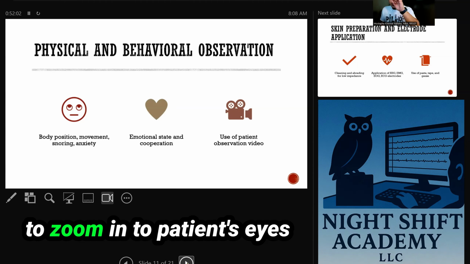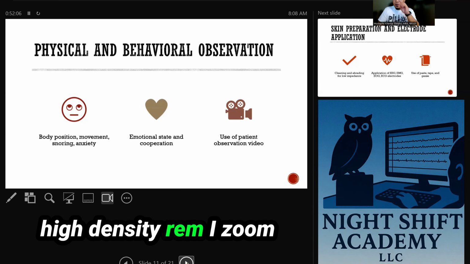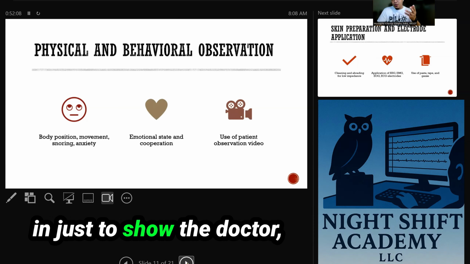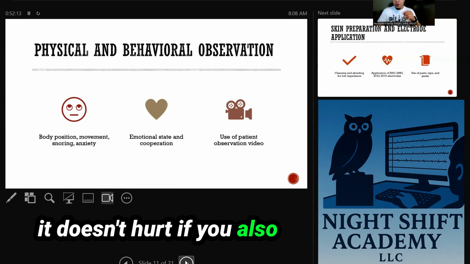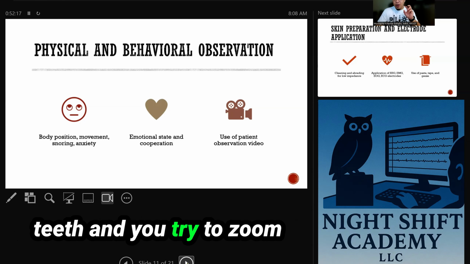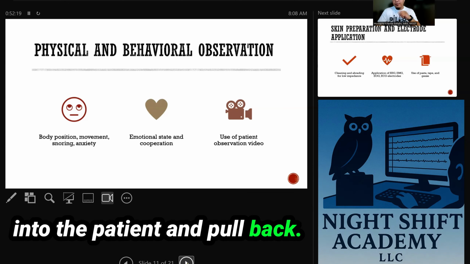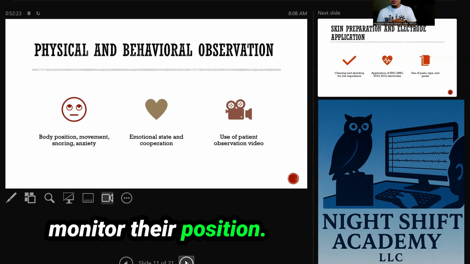And I used to zoom in to patients' eyes. When I see REM, especially high density REM, I zoom in just to show the doctor the high density REM. But it doesn't hurt if you also monitor that the patient's having bruxism, grinding their teeth, and you zoom into the patient and pull back. Okay, but the majority of the time we use the camera to monitor their position.